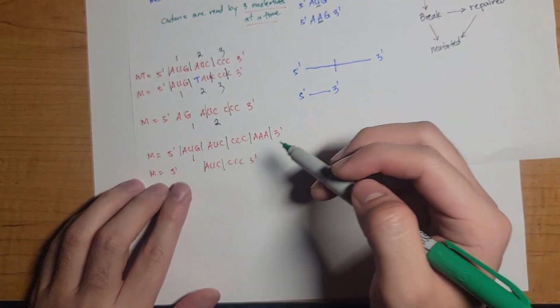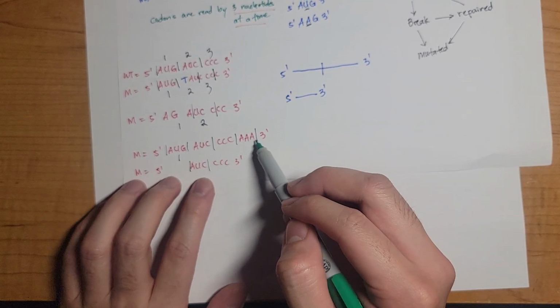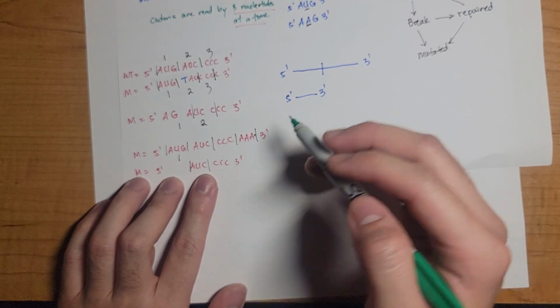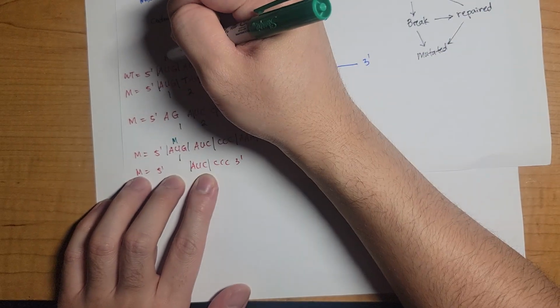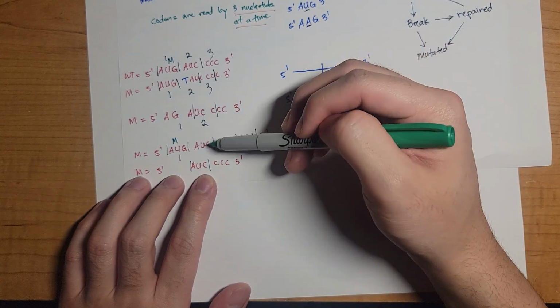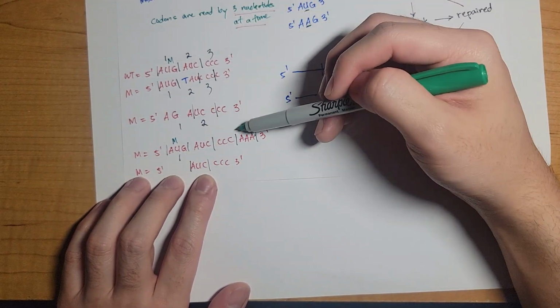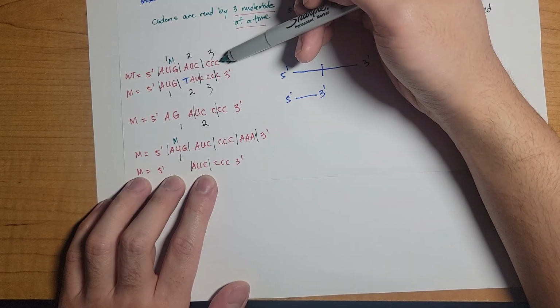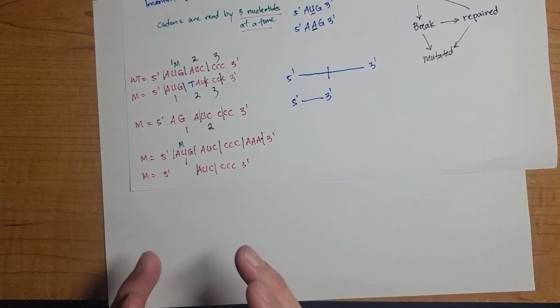Let's say this one didn't cause a frame shift when I inserted 3 nucleotides, because AUG would have the same amino acid as the wild type. The second codon will have the same amino acid as the second codon of the wild type. Same amino acid, same amino acid. Even though I inserted 3 nucleotides here, we still have the same product that we want.